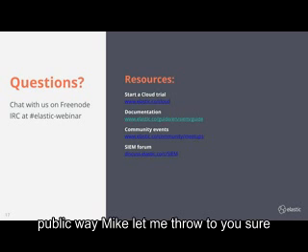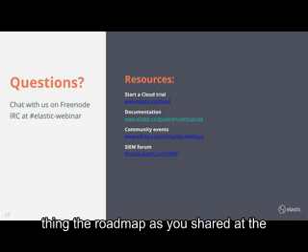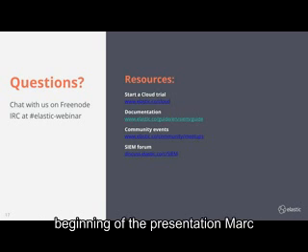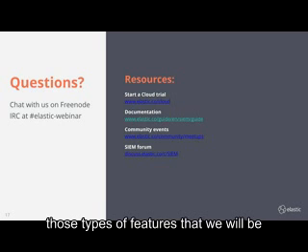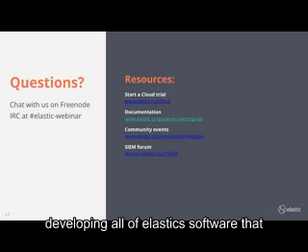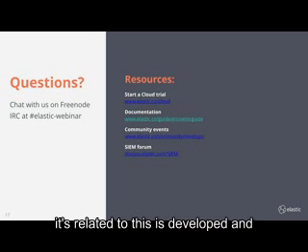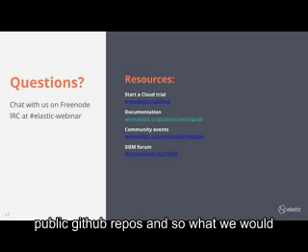Mike, let me throw it to you. Sure thing. The roadmap, as you shared at the beginning of the presentation, Mark, provides directional indications as to the types of features that we will be developing. All of Elastic's software that's related to this is developed in public GitHub repos.